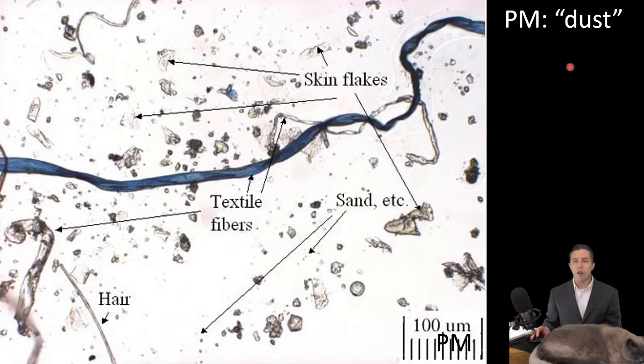Now, dust itself can be made of a lot of things, and it depends on if you've got inside dust or outside dust. And so an interesting experiment was conducted one time. There was a museum in Germany, and I don't know what they had, but it was something very valuable, and they didn't want it to get dusty. And so they had double doors, and you had to change your clothes and all this stuff.